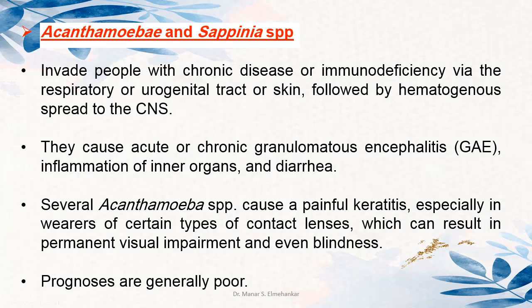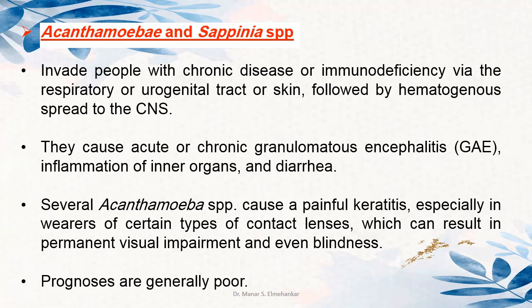About Acanthamoeba and Sappinia, they invade people with chronic disease or immunodeficiency via the respiratory or urogenital tract or skin, followed by blood spread to the CNS. They cause acute or chronic granulomatous amoebic encephalitis, inflammation of inner organs, and diarrhea.